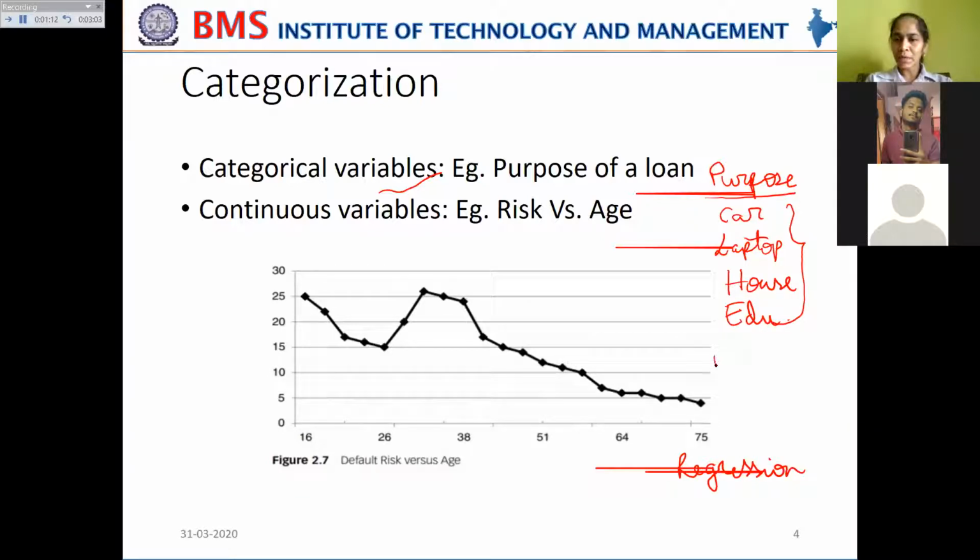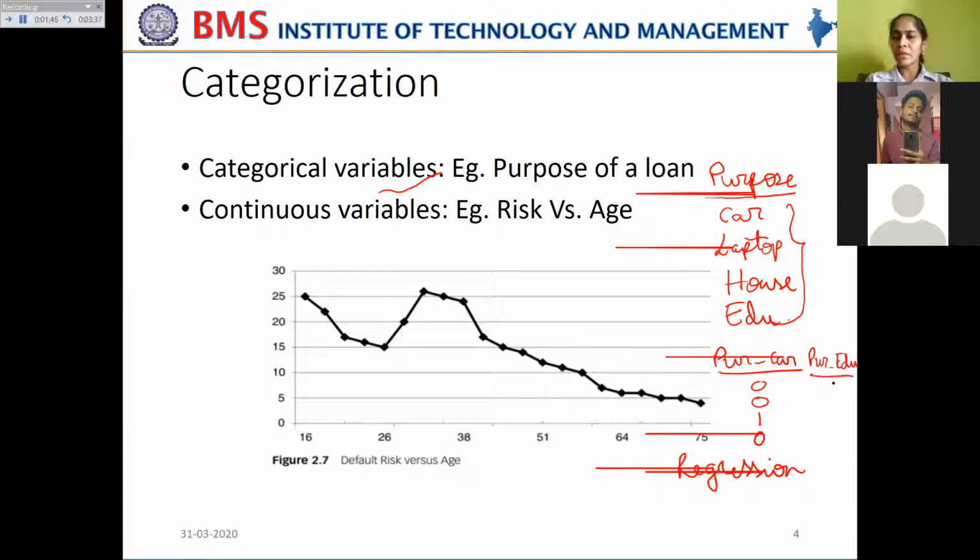In that case, we can take the purpose of the loan for a car, that is, the purpose of taking the loan is to buy a car. Most of the people who haven't taken a loan to buy a car will have the value 0, and for the person who has taken the loan to buy a car, that data point value will be 1 under this particular attribute. Again, you take purpose of the loan for pursuing higher education.